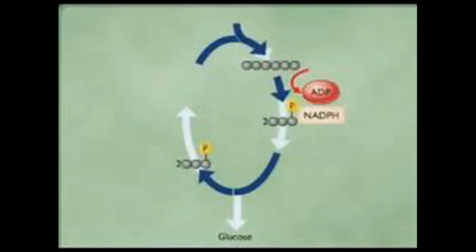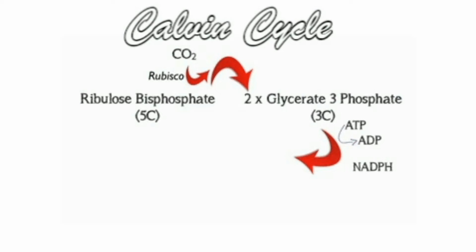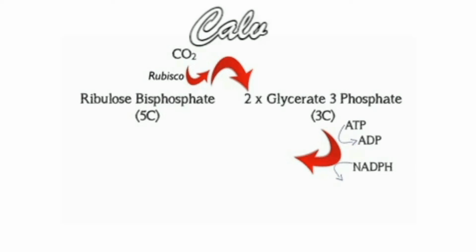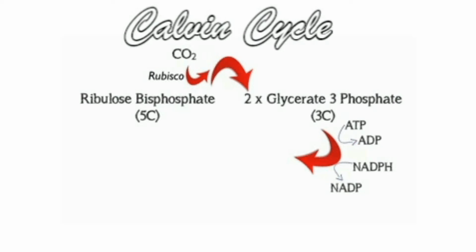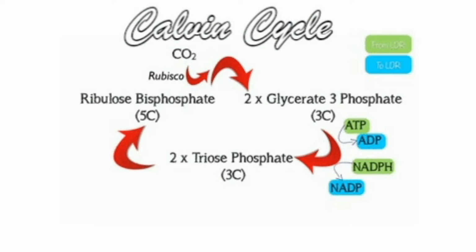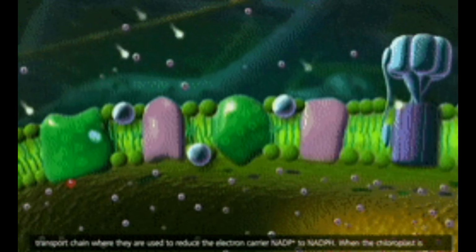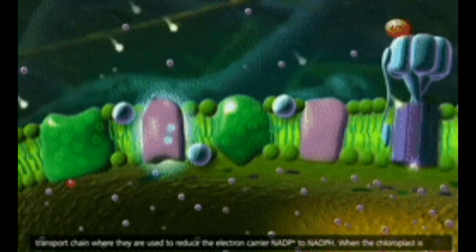The reaction takes place in 2 stages, the first using ATP produced and the second using NADPH produced in these reactions. The overall effect is to reduce a carboxylic acid group to an aldehyde group. The product is a 3-carbon sugar phosphate, that is 3-glyceraldehyde phosphate.